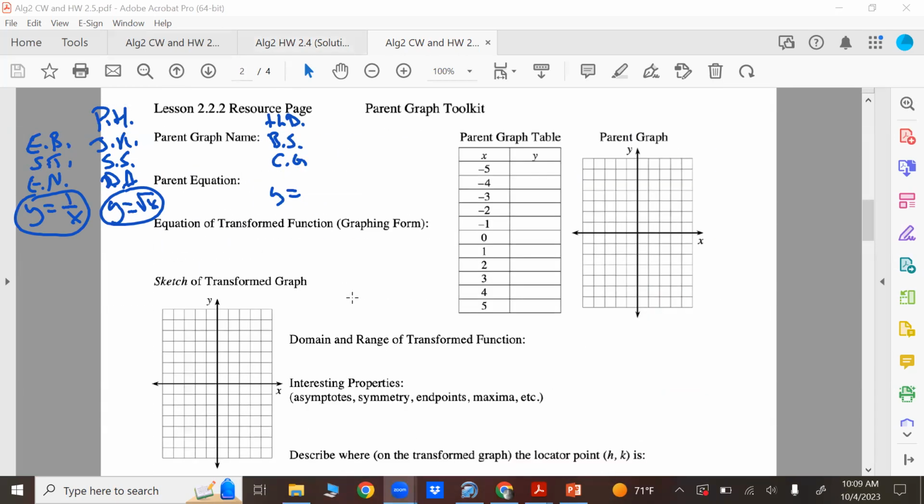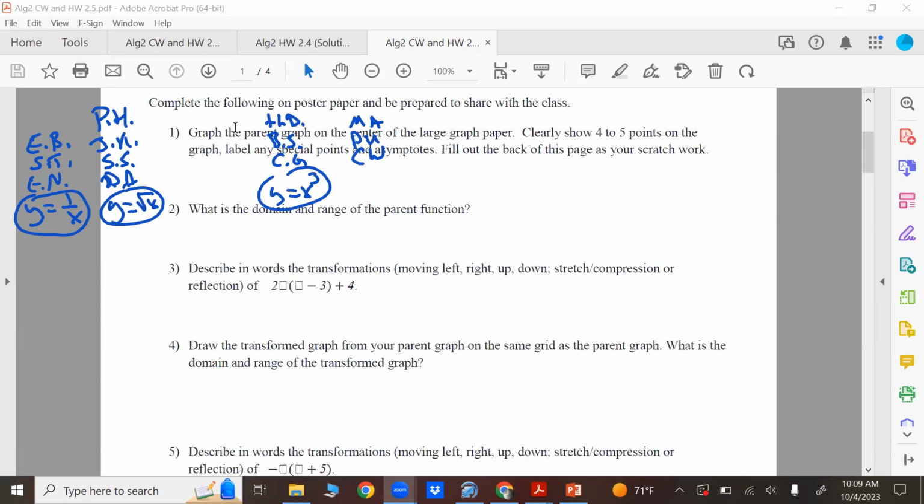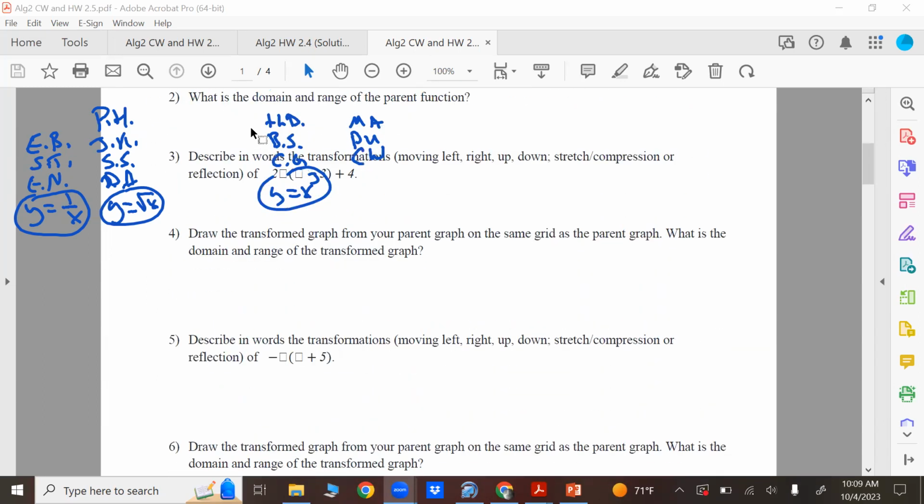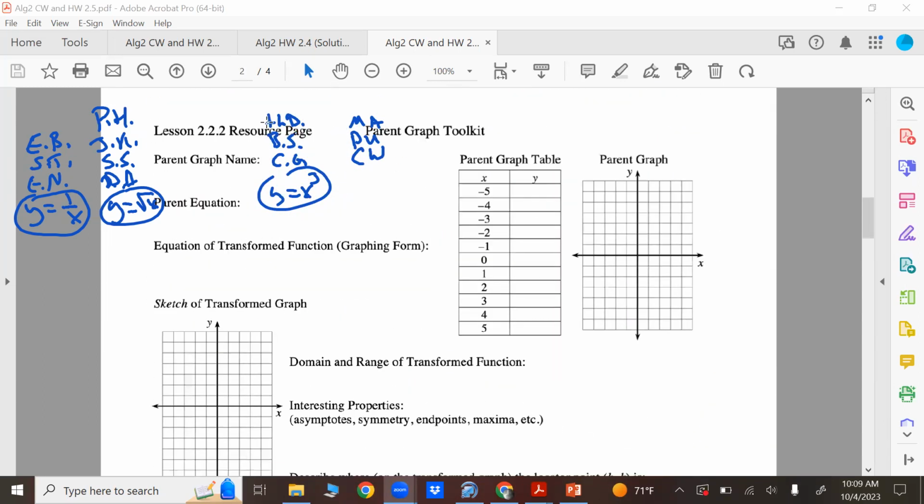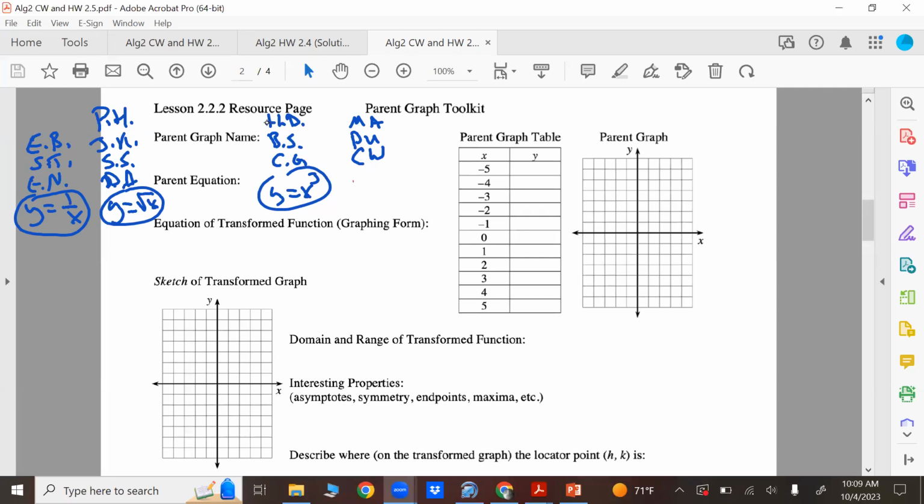Yeah, we'll do y equals x cubed. Lastly, you guys will do 2 to the x.